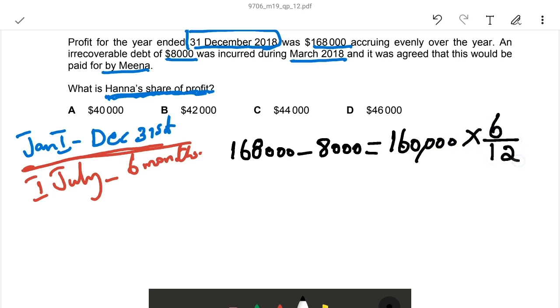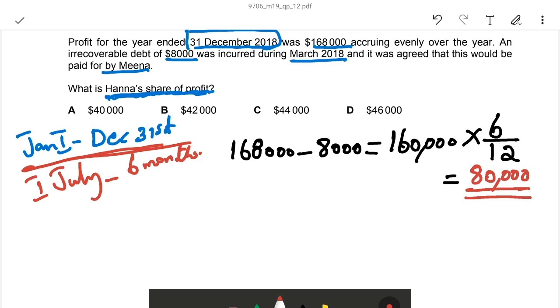We take only the six-month profit. The six-month profit comes to 80,000. This profit only Hannah can share, because Hannah joined the business in the middle of the year, July 1st. So this profit can be shared between them.